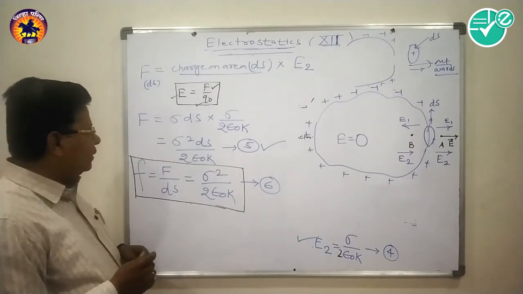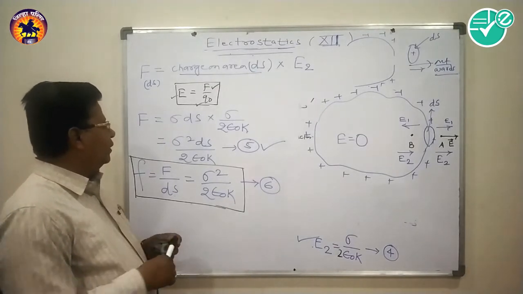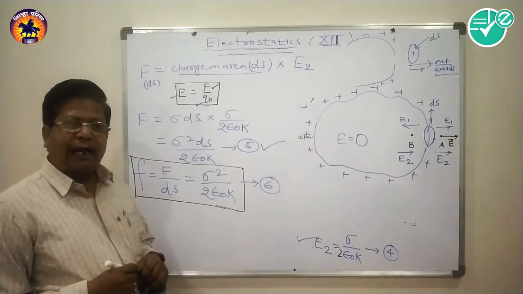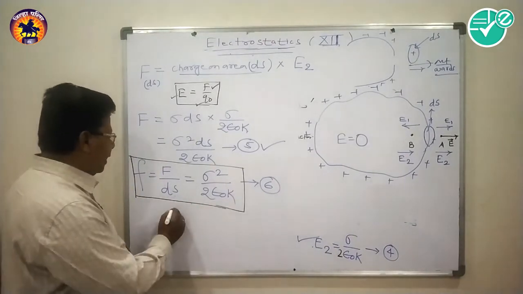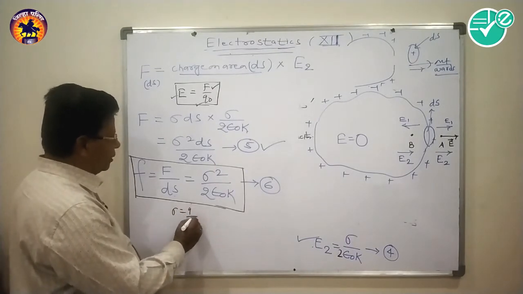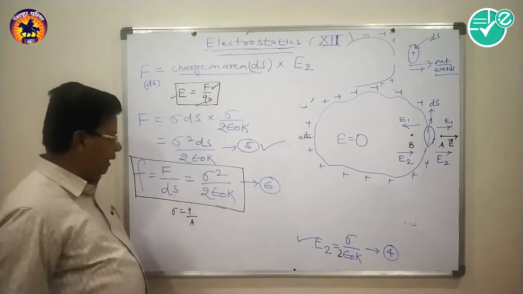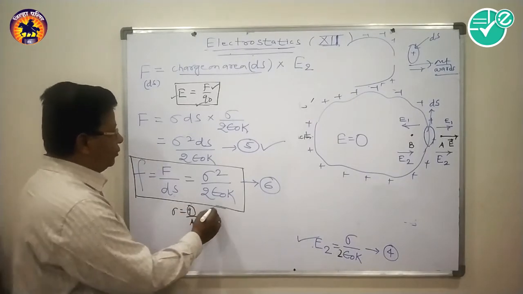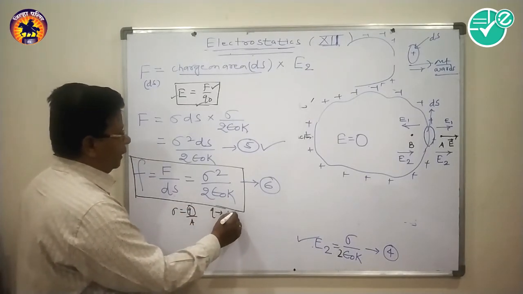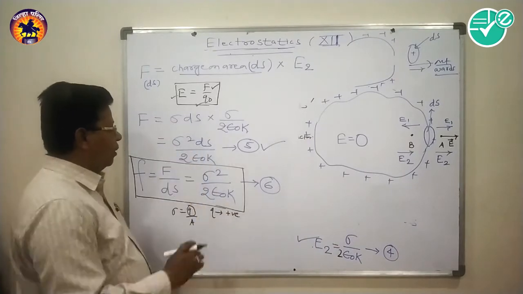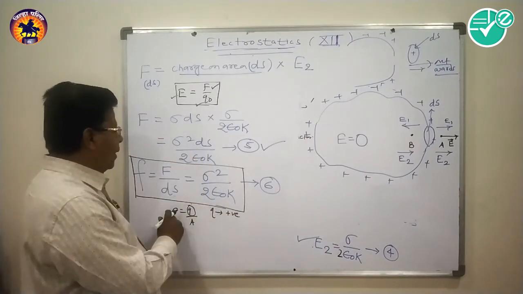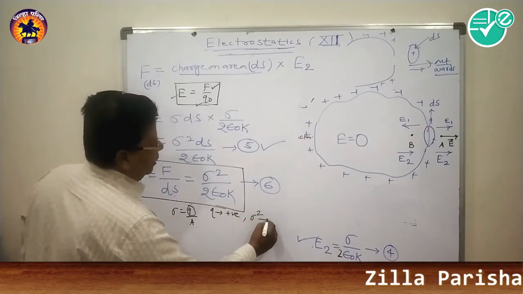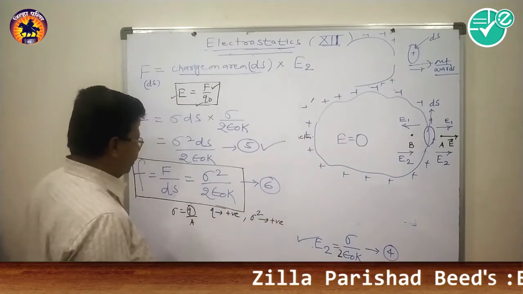And in this expression, in the numerator, there is a term sigma, and as we know, sigma is equal to charge per unit area. If the charge is positive, then sigma square is also positive.